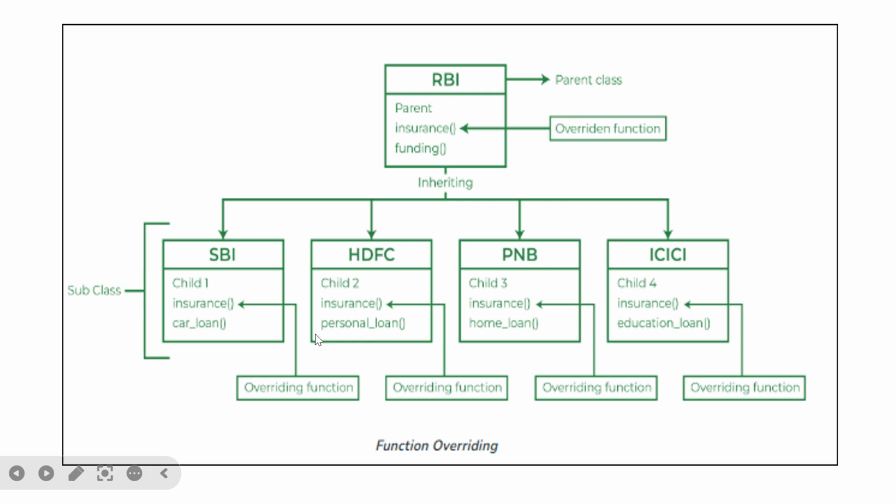According to these five classes, insurance is common to all the classes. Including the parameters and data type, everything is the same. So we call this the overriding function.